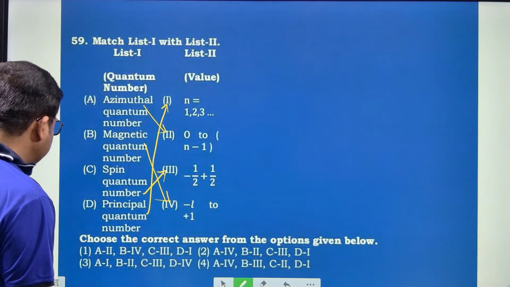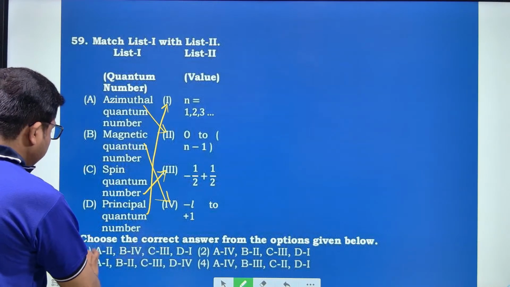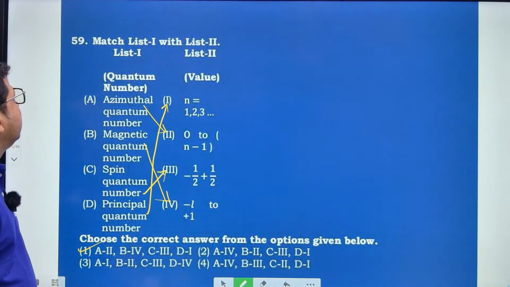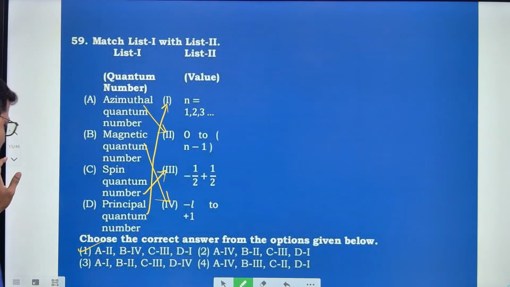Hence it follows A2, B4, C3, D1. The right option is option number 1.